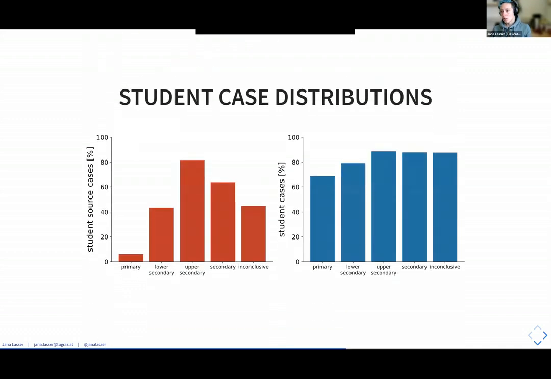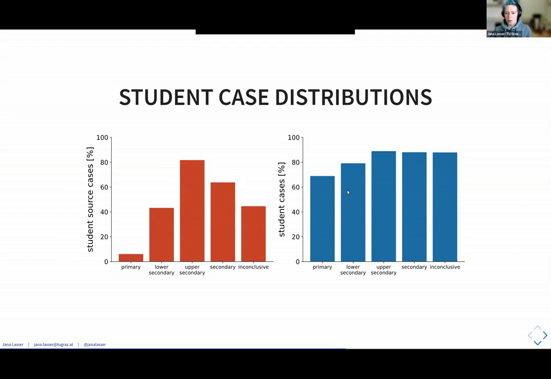The second type of information we get from this data is the share of student source cases, so who actually introduced the cluster into the school. That you can see to the left, and we can see that for primary schools, there's almost no students introducing the infection into the schools, almost all teachers, whereas for upper secondary schools, it's almost all students that introduce the infection into the school.